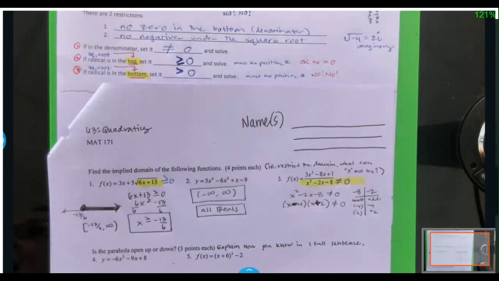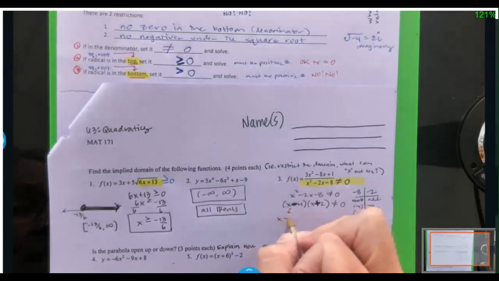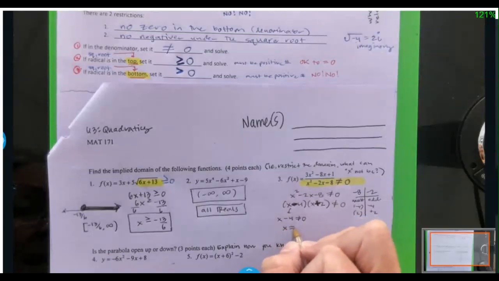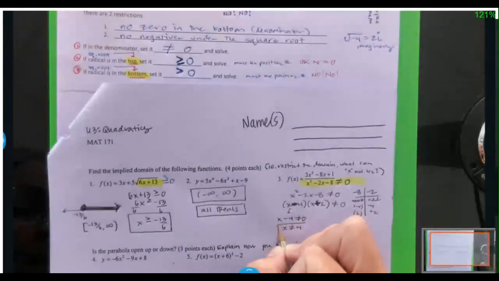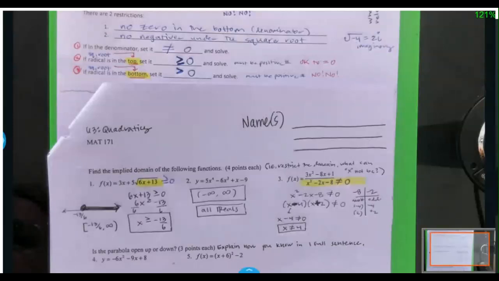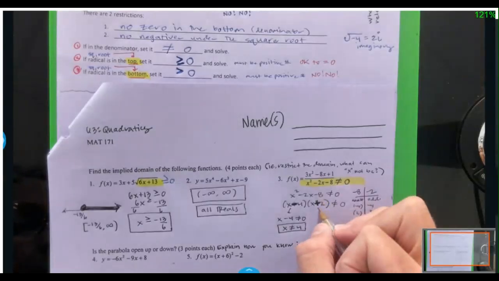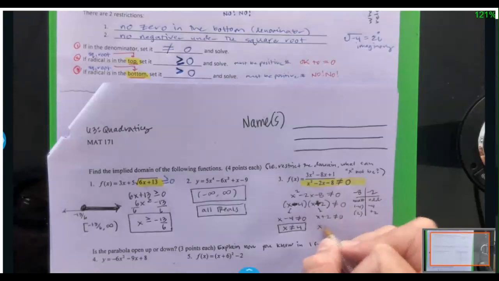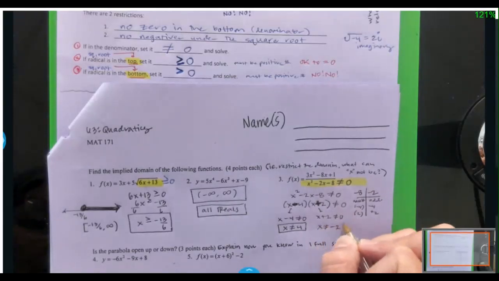Now, we're not finished. We have to complete that. Some people stop there, but you've got to keep going. So if x minus 4 cannot be 0, that tells me x cannot be 4. So there is a restriction on this particular problem. 4 is a restriction. And then the same thing here. If x plus 2 cannot equal 0, then x cannot equal negative 2.